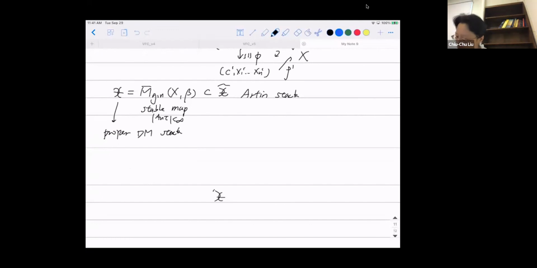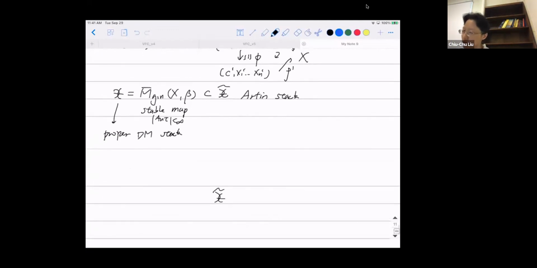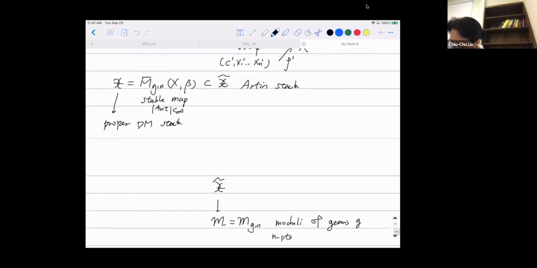So by the construction, all we need to do now is to describe a perfect obstruction theory, then Behrend-Fantechi's construction will give us the virtual fundamental class. So this is the moduli of domain, the moduli of genus g, m-pointed pre-stable curves.